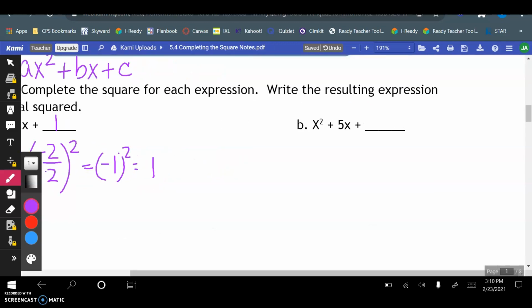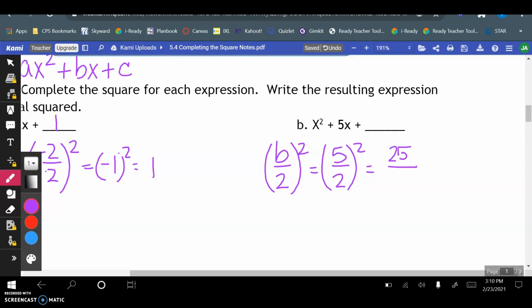Now over here, b over 2 squared, b in this case is going to be 5. So 5 over 2 squared. 5 divided by 2 isn't going to come out to be a whole number. So what I'm going to do is square both numbers. So 5 squared is going to be 25.